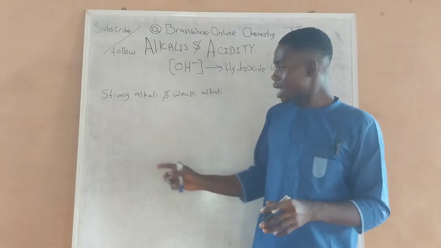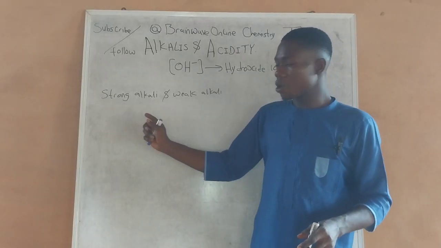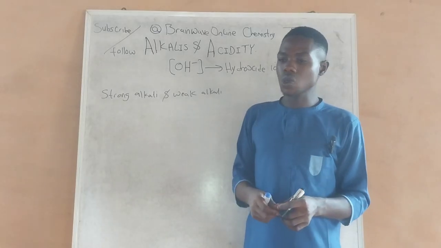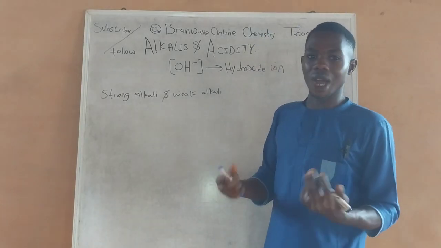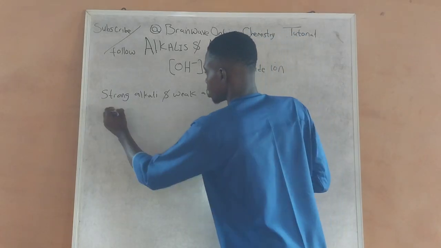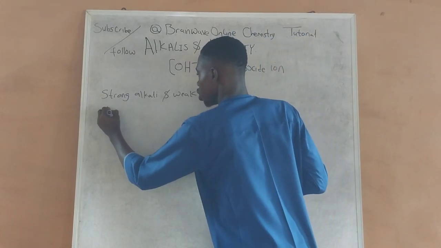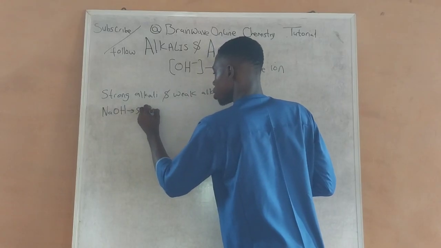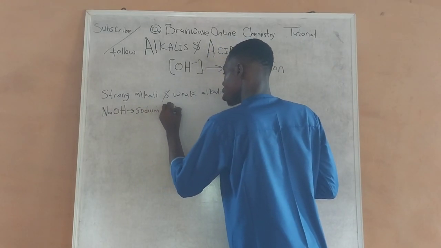But before I explain that, let me give us some examples of strong alkalis, because not all alkalis are strong alkalis. Some examples of strong alkalis include sodium hydroxide.